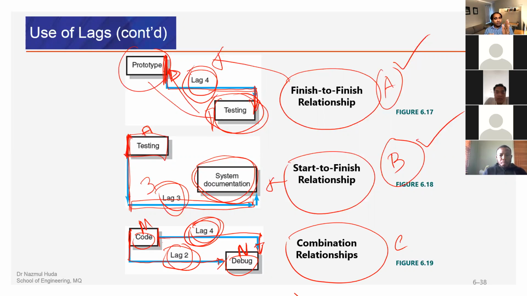Once coding finished, within 4 days, debugging must be completed. That means we are clearly restricting the starting of the debugging and the finishing of the debugging process, and that is very closely related to the coding process. So from coding start to coding finish, debugging start, debugging finish, clearly dictated by the previous step through the lagging process. Is it clear now?